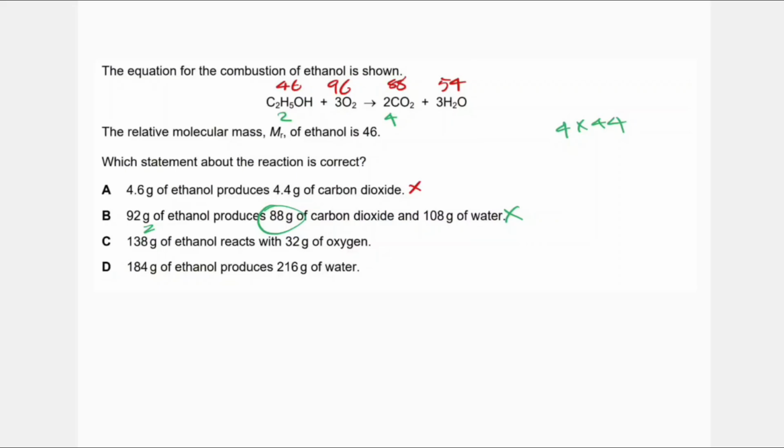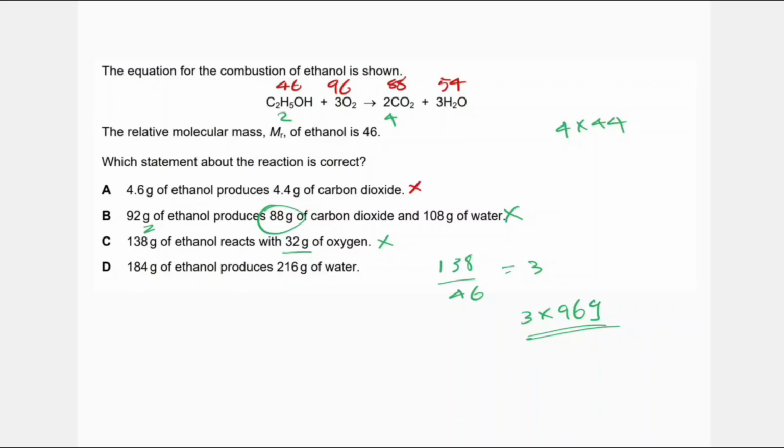Or if you want to do a proper calculation, you can do that as well. 138 grams of ethanol is how many moles? All that you have to do is 138 over 46, which will give you 3. So you need 3 times 96 grams, not 32, correct?